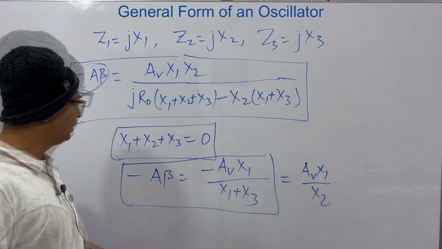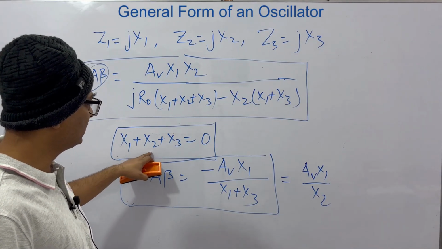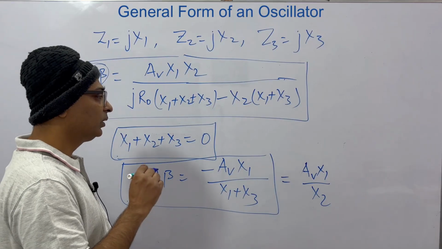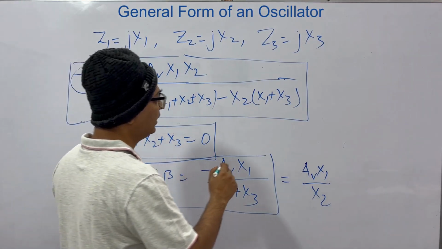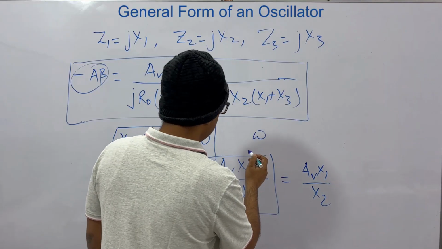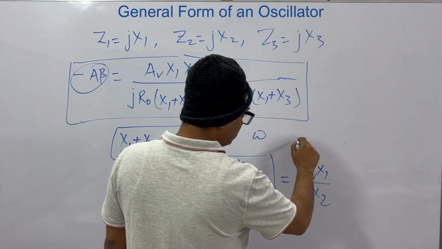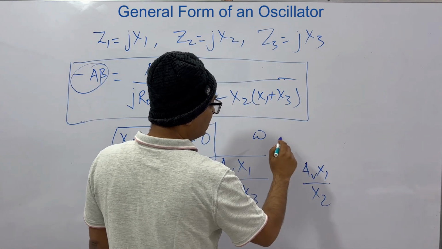Okay. Now from this equation, you see this plus this plus this. What needs to be understood is that our frequency of oscillation omega or F will be from this equation only, that is, those Z1, Z2, Z3 in series.